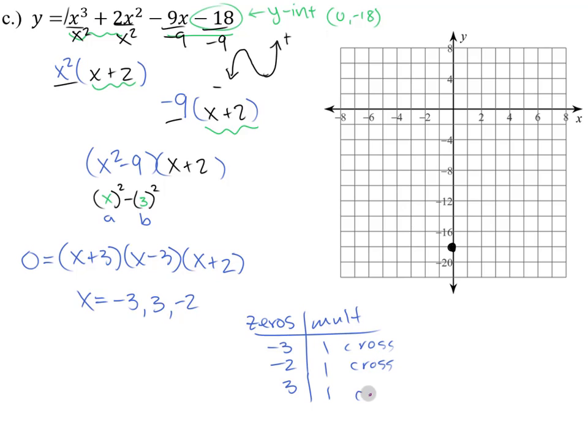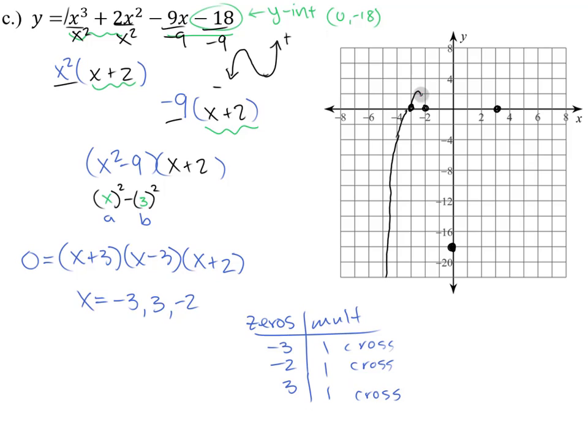And so let's go ahead and sketch this in. We can mark our 3 points, negative 3, negative 2, and positive 3. And of course, my y-intercept we've already marked down there. So from my sketch here, I know we come in from the left, from below. I need to approach negative 3, and we're just passing through at negative 3.